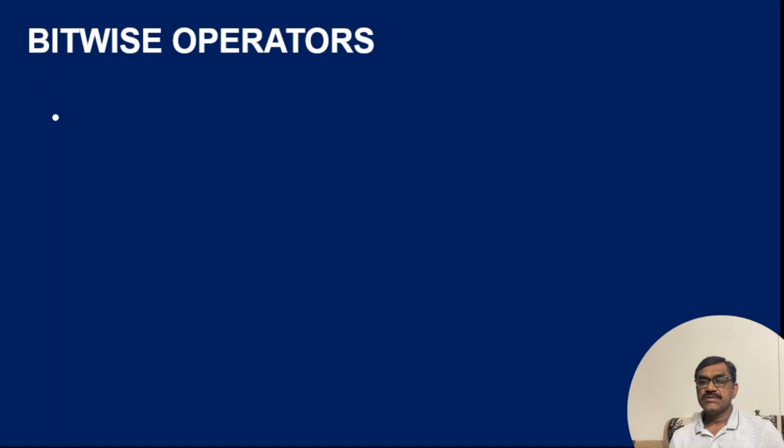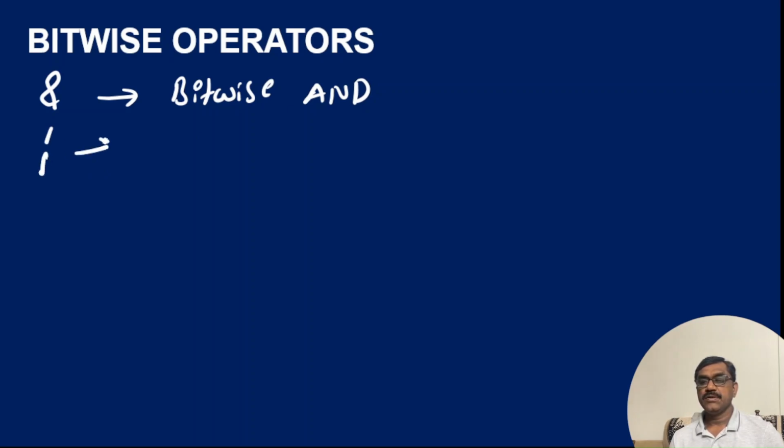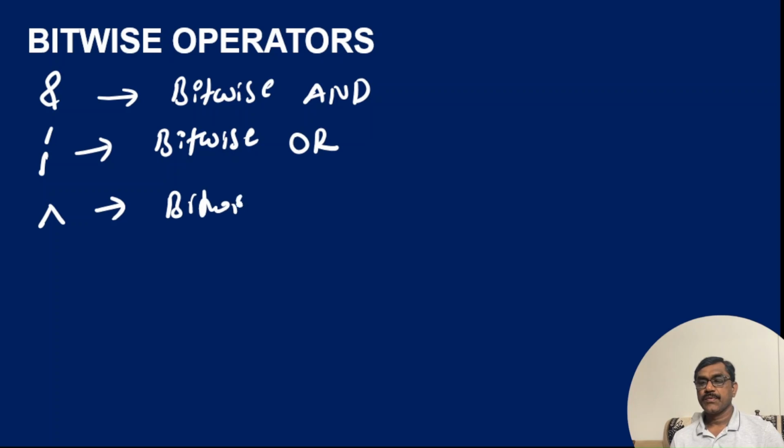So bitwise operators can be divided into: first one, we write it as bitwise AND. Next we are using the pipe symbol. This is known as bitwise OR, and another one is bitwise exclusive OR, we write as XOR.